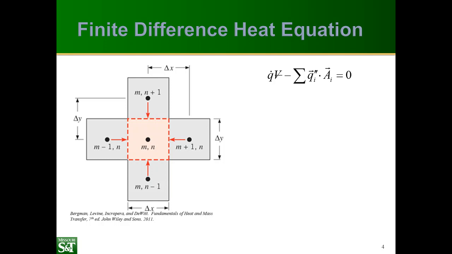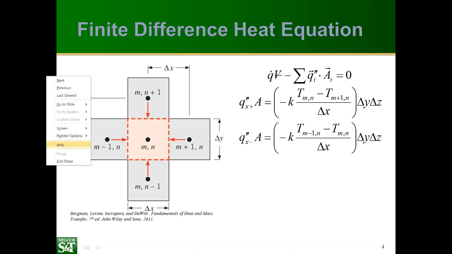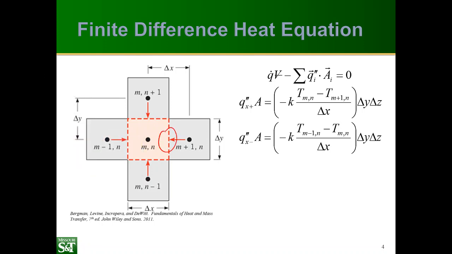where we have a cell and we're going to derive the finite difference equations. So we start by just looking at the basic equation from the previous slide. And we're going to look at the positive x side. If we look at the positive x side, which is this side here, this gives us this equation.